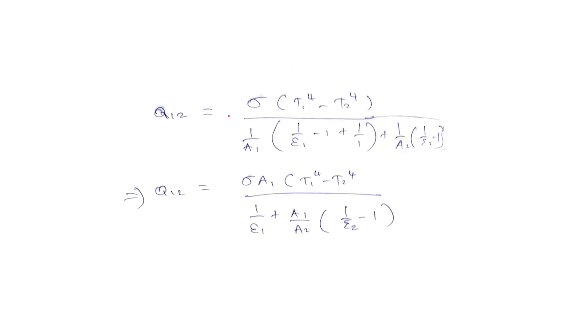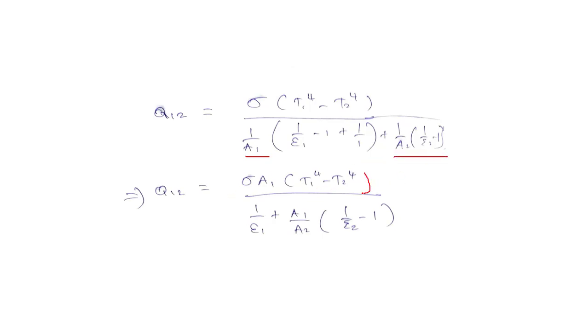Q12 is equal to sigma (T1 raised to 4 minus T2 raised to 4) upon [1 upon A1 times (1 upon epsilon 1 minus 1) plus 1 upon 1, as we are putting shape factor 1, plus 1 upon A2 times (1 upon epsilon 2 minus 1)]. Here the area is not the same, so we cannot take this area as common.